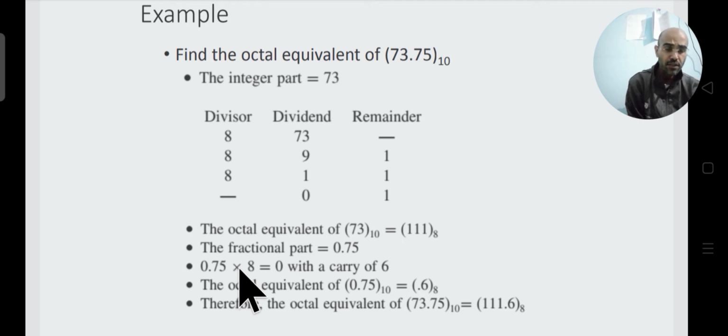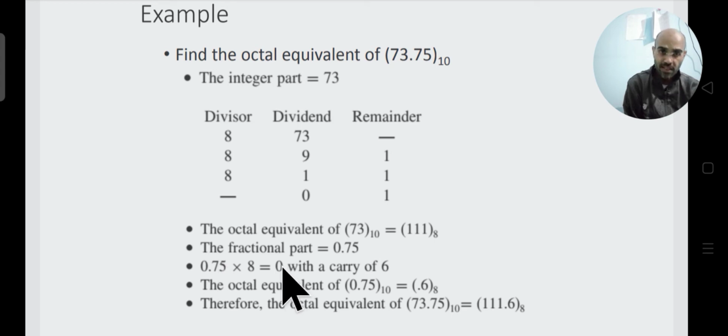After the first multiplication, our fractional part becomes 0 and the integral part is 6. We note down this integral part separately, whereas the fractional part we use to multiply again with the base.